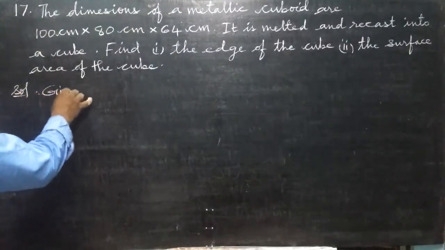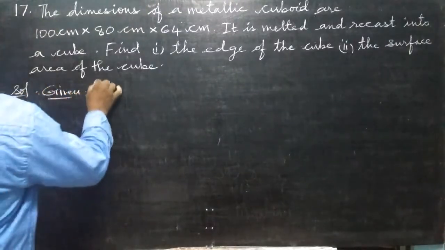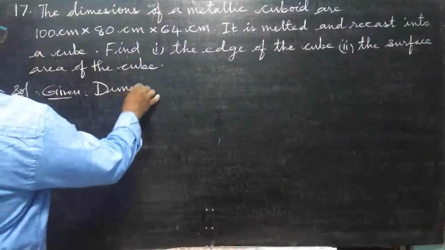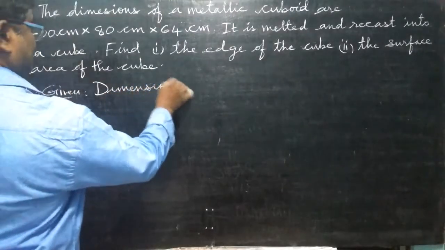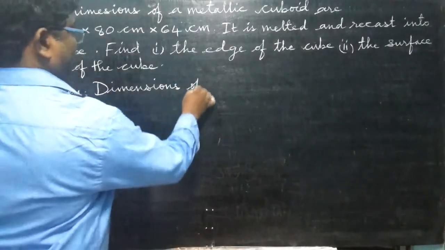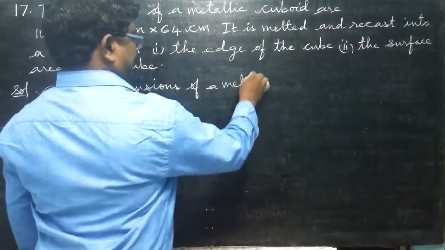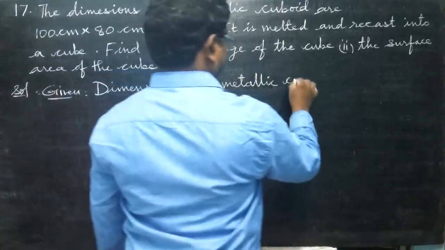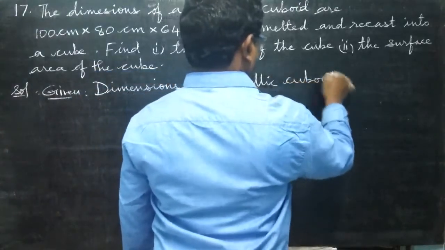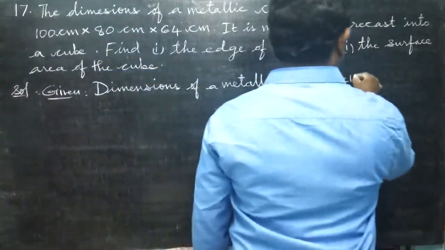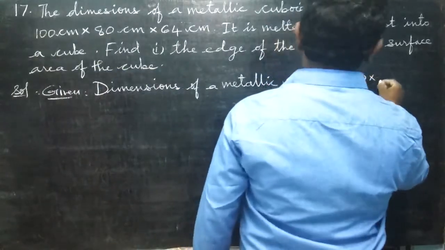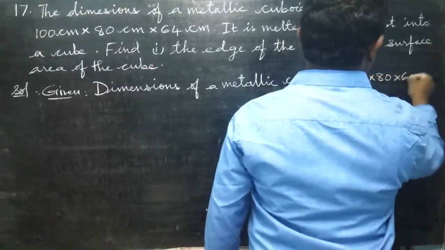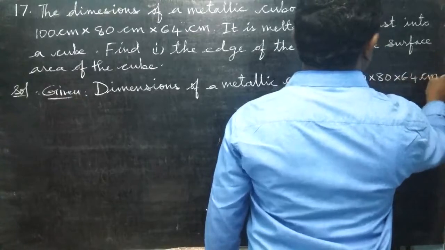What they have given is the dimensions of a metallic cuboid. Cuboid means we know L into B into H. That only they have given: 100 into 80 into 64 centimeter cube.